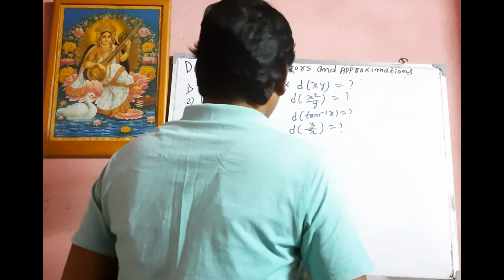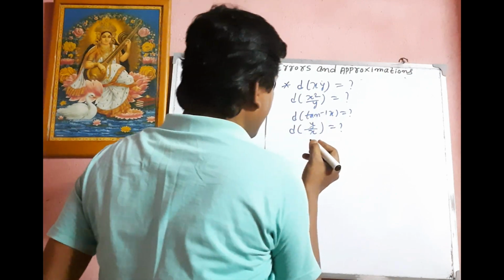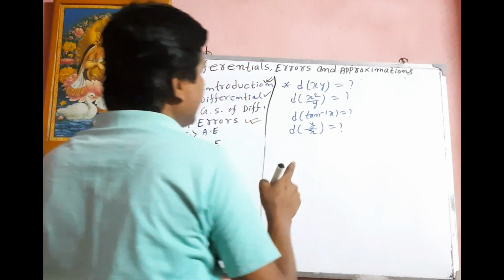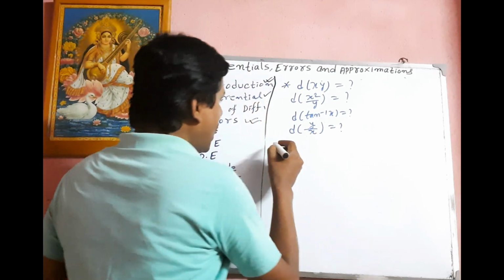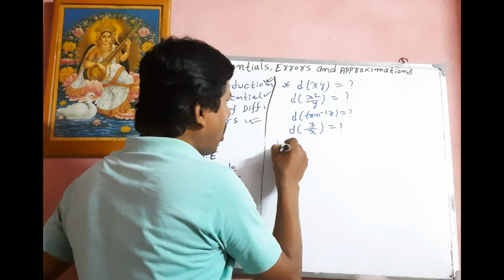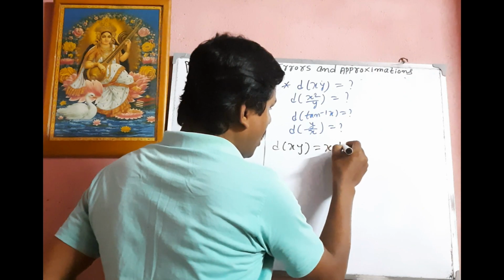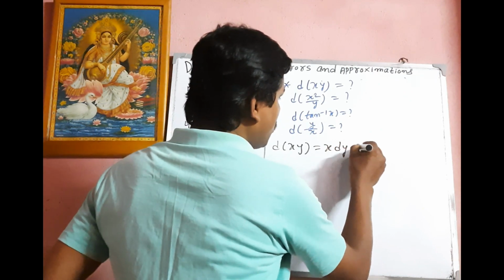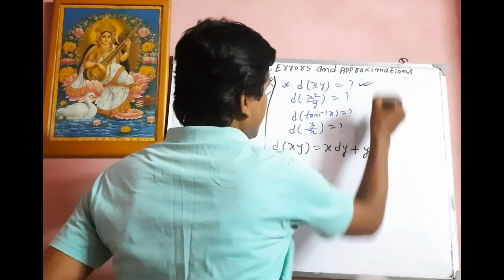Now, in the first example, we are finding d of xy, d of x square by y, d of tan inverse x, and d of y by x. Now d of xy uses the formula x dy plus y dx. First is completed.